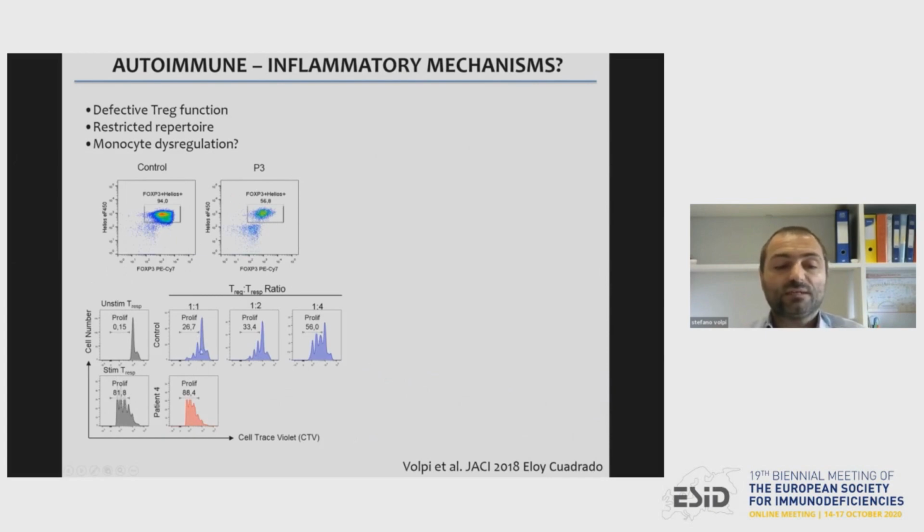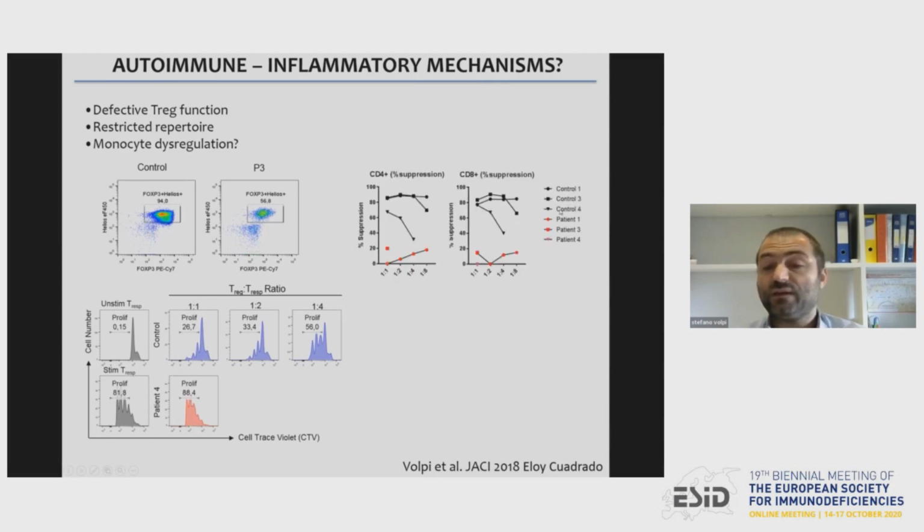And whenever you add, in co-culture, the responder cells with the Tregs in different concentrations, you have a suppression of this proliferation. Here you don't have this in patient cells, and this has been done with several different patients, and it was very consistent. So there's a defect in Treg function. This was already shown in Wiskott-Aldrich patients, and is confirmed also in this patient.